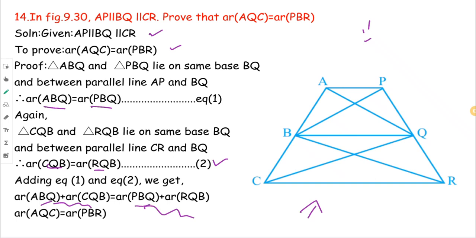PBQ is this area plus RQB. So you can see that there are two triangles again, which means we get the entire area, which is this BPR, which is our proof that we were trying to get.